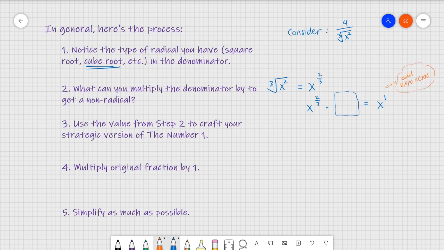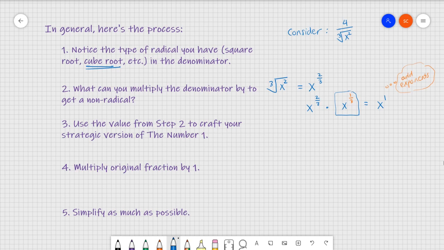So I'm thinking to myself, what would work here? Well, 2/3 plus something to get 1. So I know it's an x in the base. I should probably add 1/3 here. So 2/3 plus 1/3 will give me 3/3, so that'll work out.